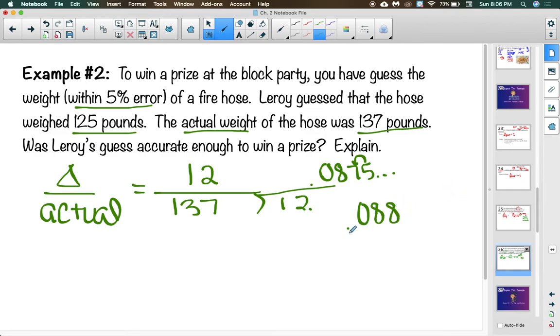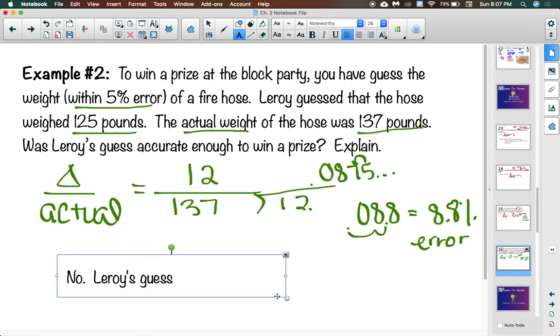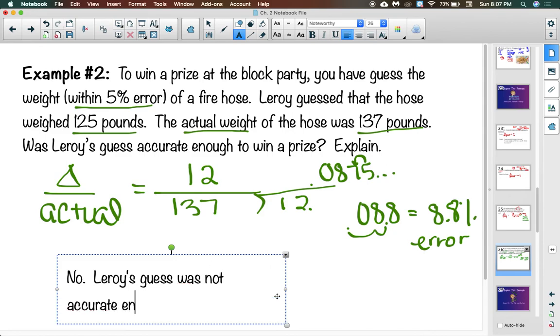We have to do D2P, move your decimal 2 places to the right, and that means I have an 8.8% error. 8.8% error is pretty close, but it's not within the 5% that Leroy's guess had to be. So no, Leroy was not accurate enough to win a prize.